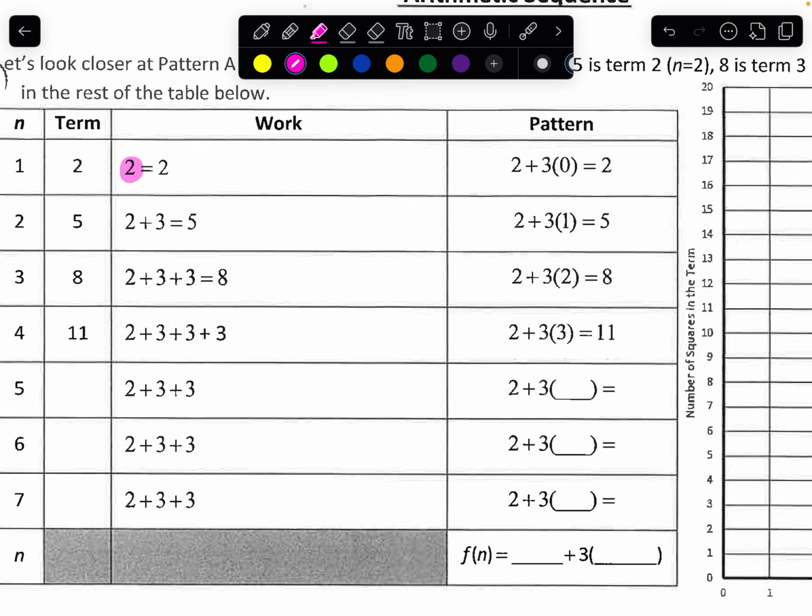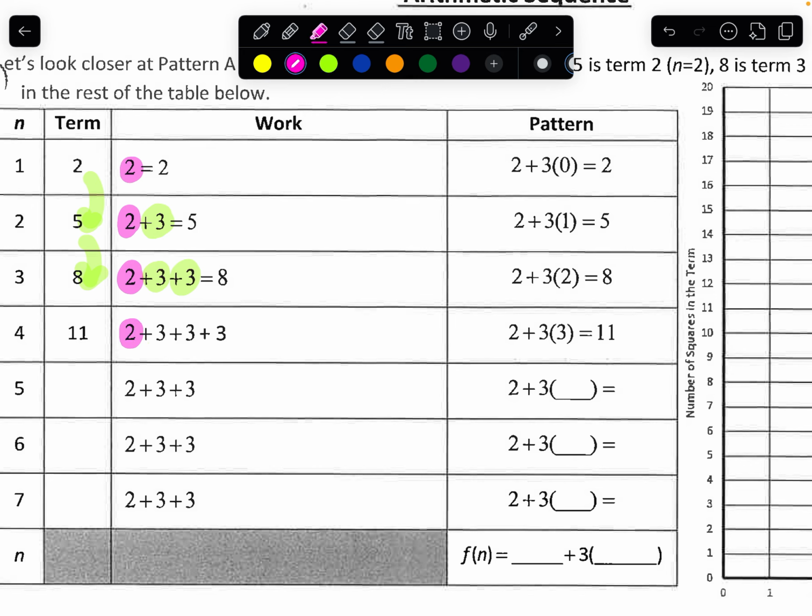We then get 5 as our second term. So we take our first term and add one 3. That's how we get 5. In our third term, we take our first term and add two 3s, because we've done 1, 2, two common differences. And that's how we get 8.